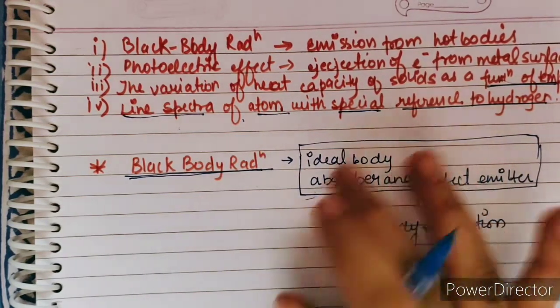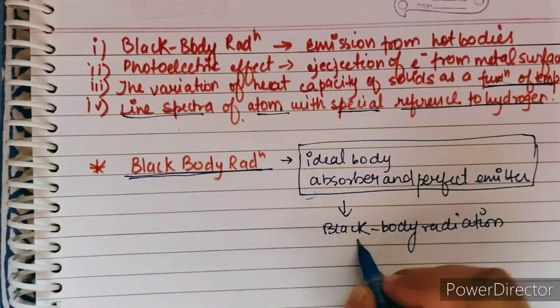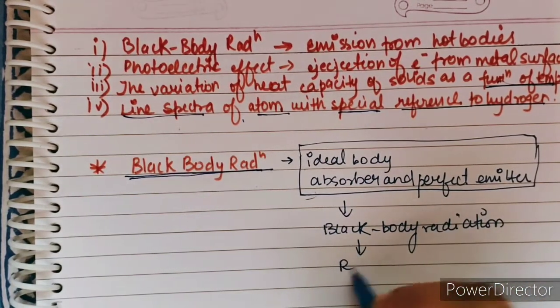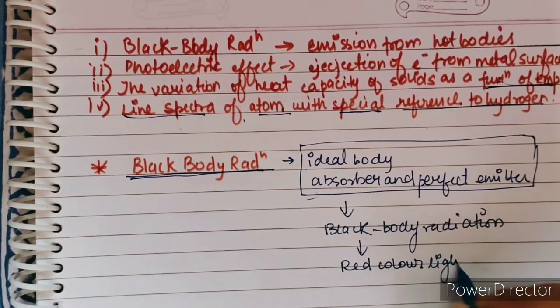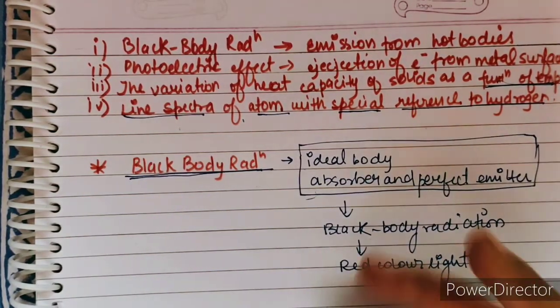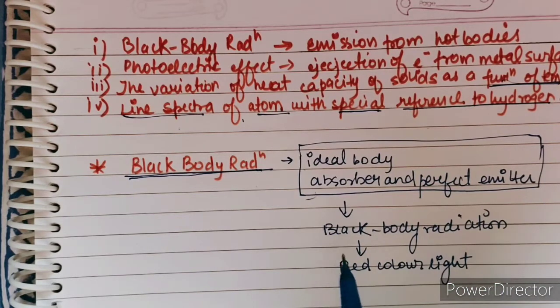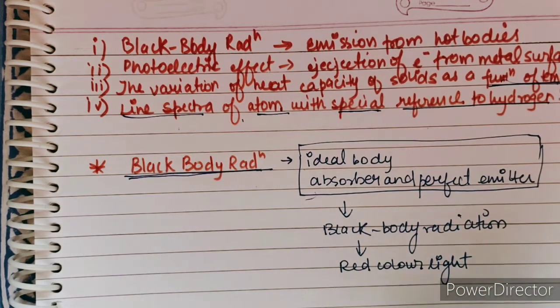The second point is that when such a body is heated, it becomes red. As the temperature further increases, the color of the radiation emitted changes from red to yellow.